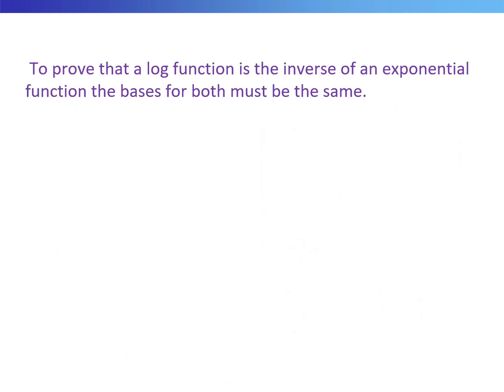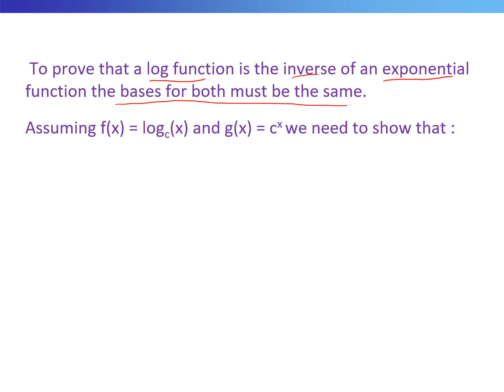To prove that the log function is the inverse of the exponential function, the base for both of them must be the same. Let's take a look at the function f of x. Assume that f of x is equal to log to the base c of x. And assume g of x to be equal to c raised to the power x.